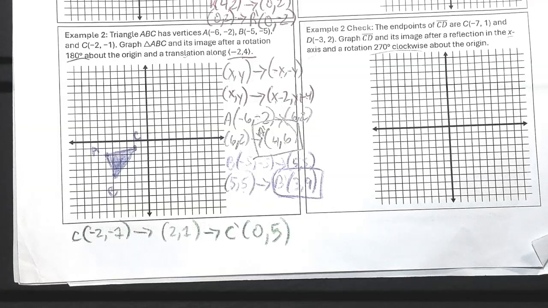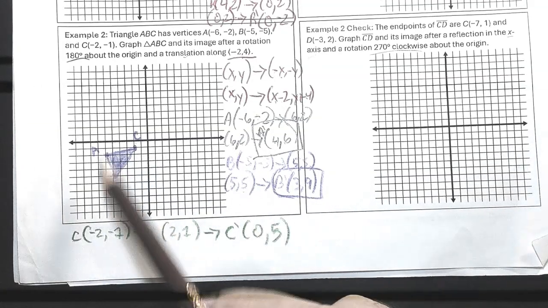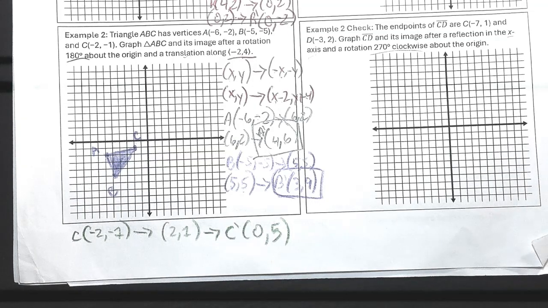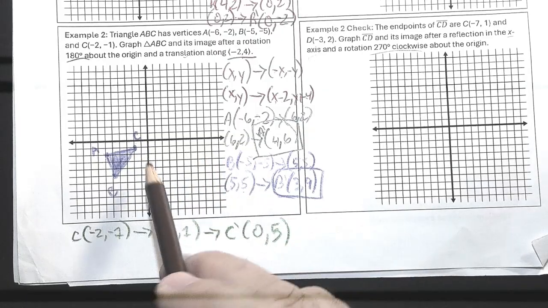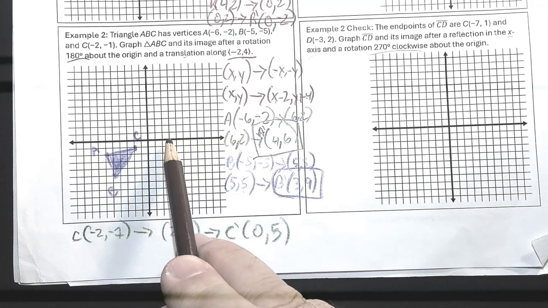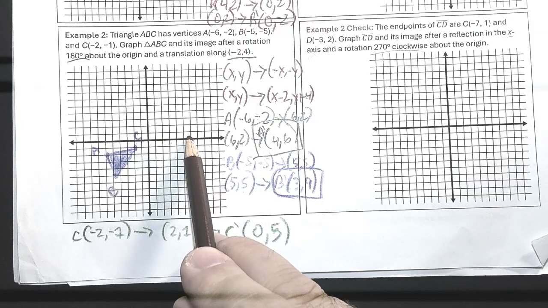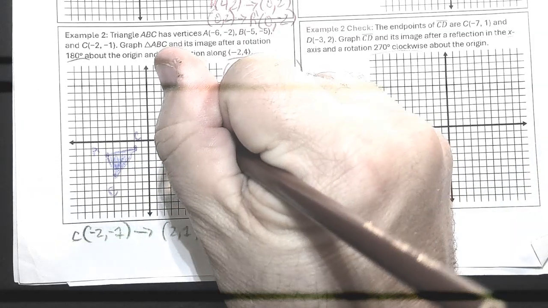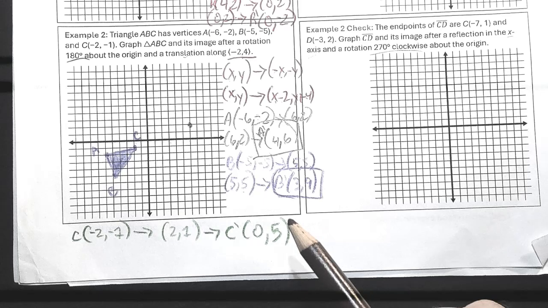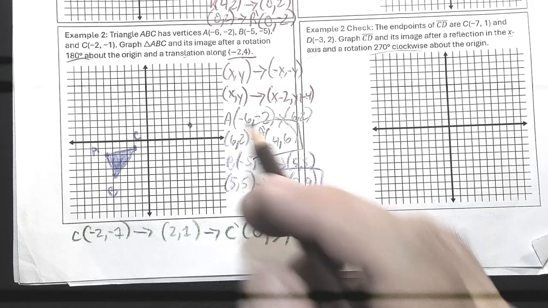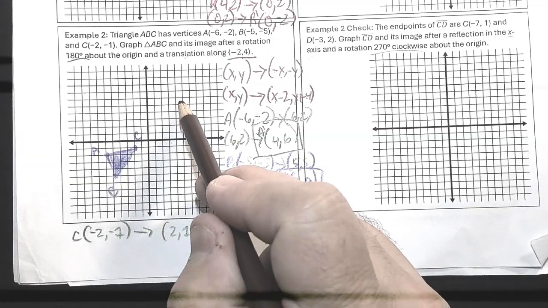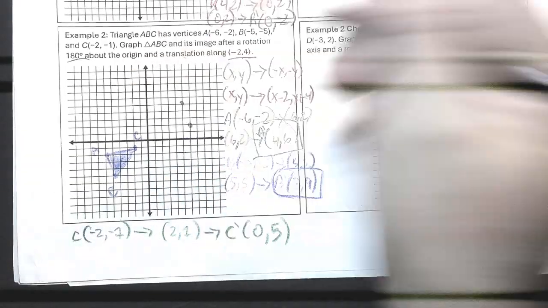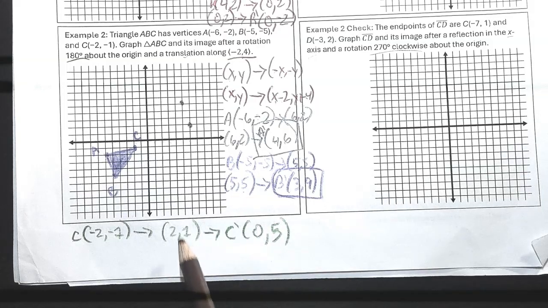Okay. Now, first movement is a rotation, and that's why I'm making sure we see the letters. I want you to see how it looks after a rotation. So this is positive 6, positive 2. And 5, positive 2.